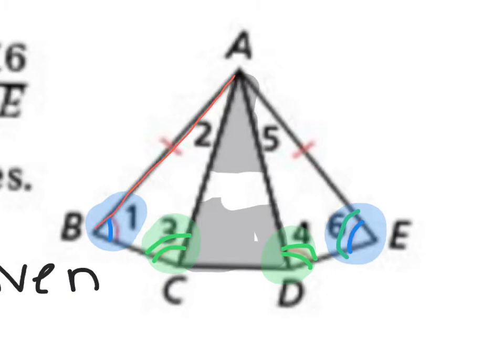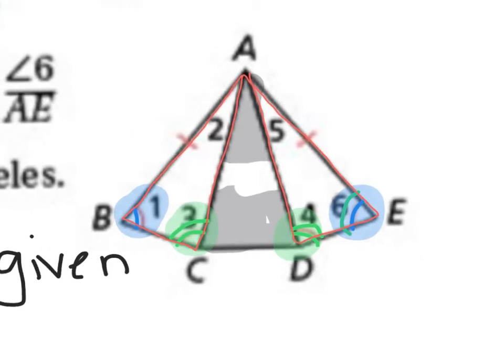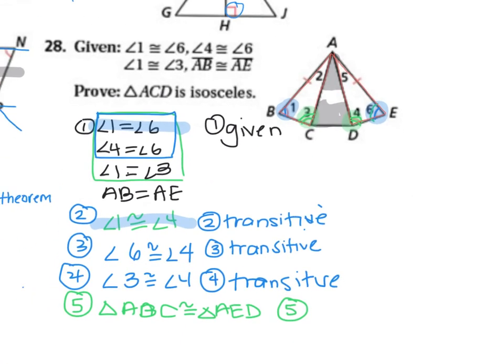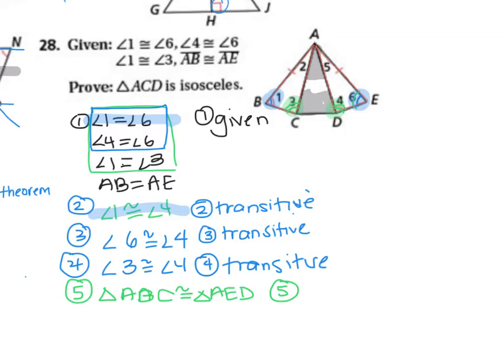What would make this triangle congruent to this triangle based on the information I have? How many pairs of sides do you have? Good. 2 pairs of angles and the non-included side. So that's angle, angle, side.